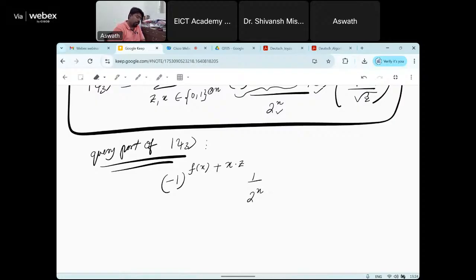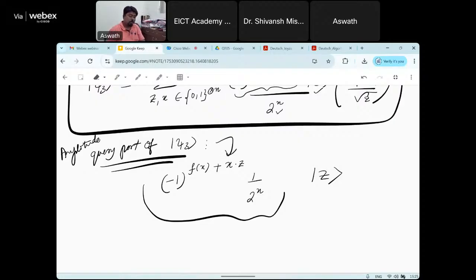Query part, amplitude of query part, you can say amplitude. If you just take only the amplitude, only this. So this is the amplitude. Now in what state is the query going to fall? It is dictated by this probability amplitude.